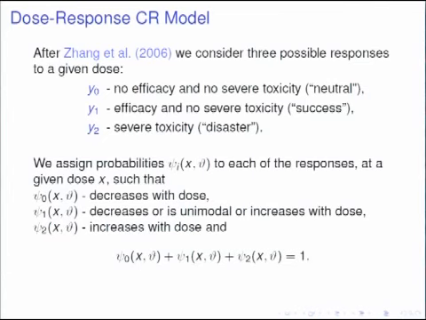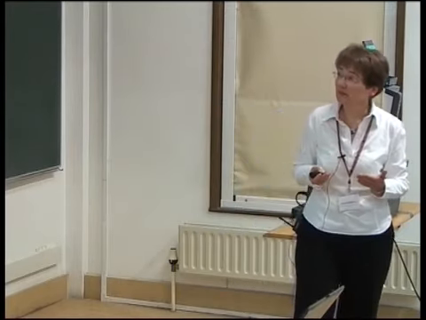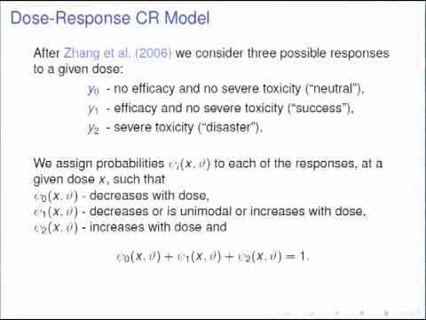Psi 0, we assume, will decrease with dose. So no efficacy, no severe toxicity, it is natural that we assume it's decreasing, or no effect in general should be decreasing with dose. Psi 1, the probability of efficacy and no severe toxicity, may have various shapes.